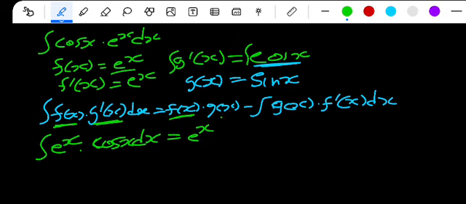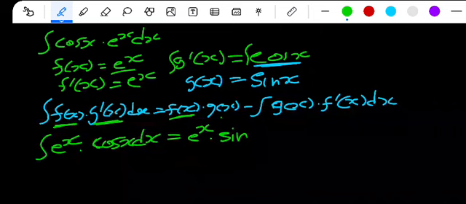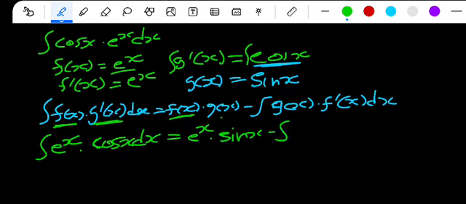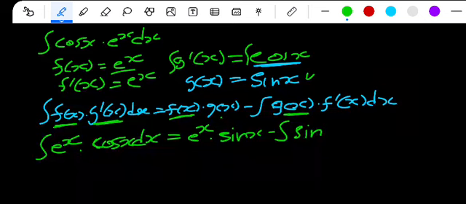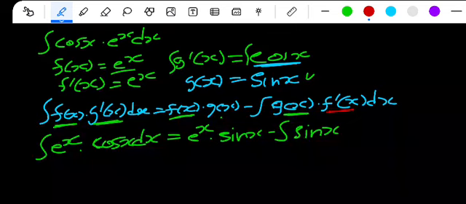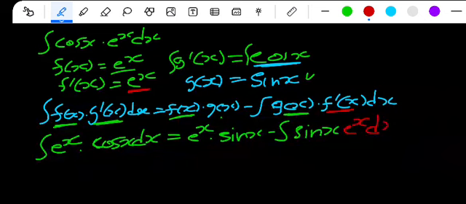F of x is still e. G of x is sine, multiplied by sine x, minus the integral of g of x, which is sine. We'll have positive sine x multiplied now again by f prime of x. F prime is this, then we have dx.